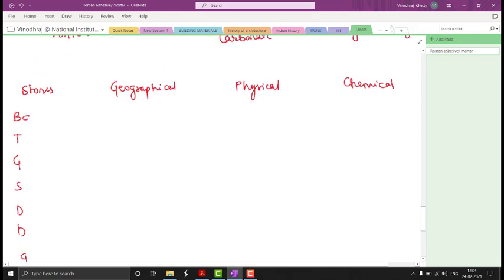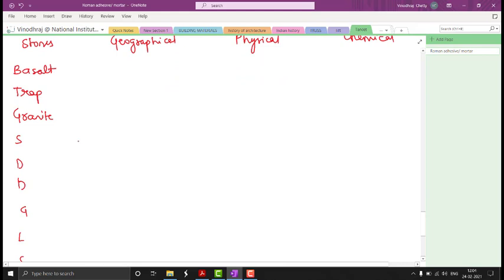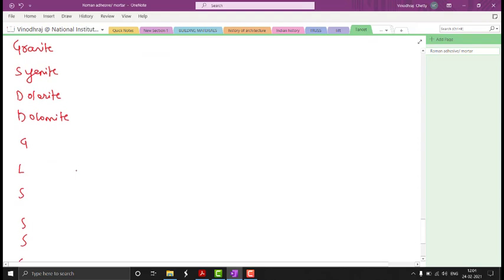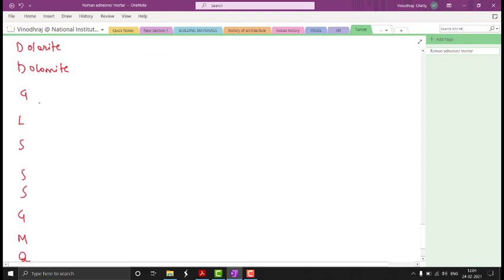So B stands for basalt, the T trap, G is granite. Okay, basalt, trap, granite. This is syenite, dolerite, dolomite, SDD. GL triple S stands for gypsum, limestone.